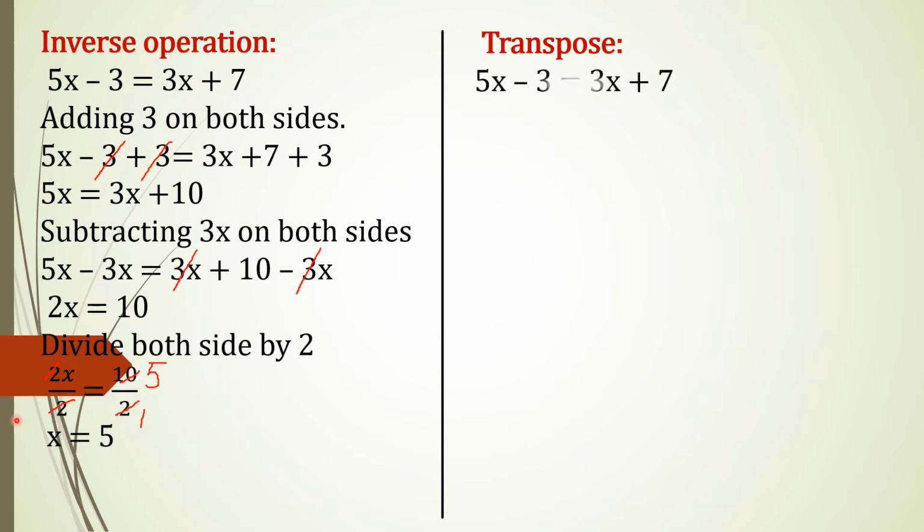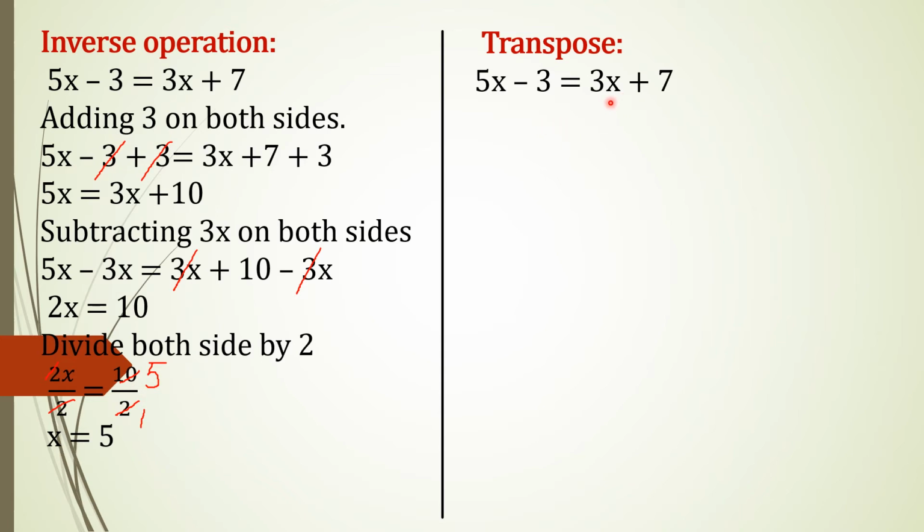Now let's take the same example equation, 5x minus 3 equals 3x plus 7. In the transpose method, I said you have to bring the variable to one side and the numbers to the other side. So I'll bring this 3x, which is on the right hand side, to the left hand side. Students, remember, when you bring numbers or variables from the left hand side to the right hand side or vice versa, the sign changes.